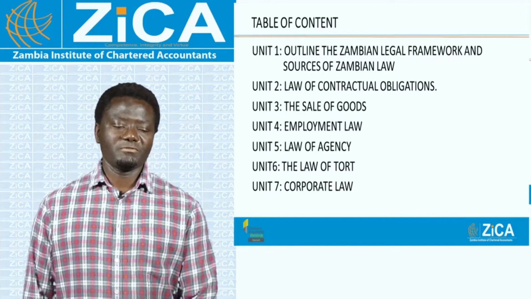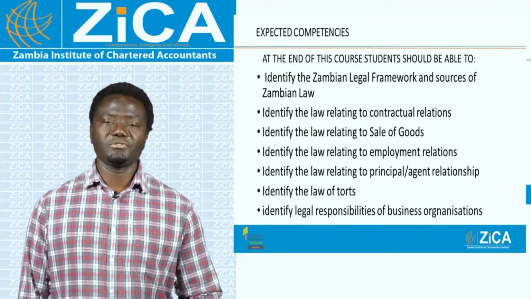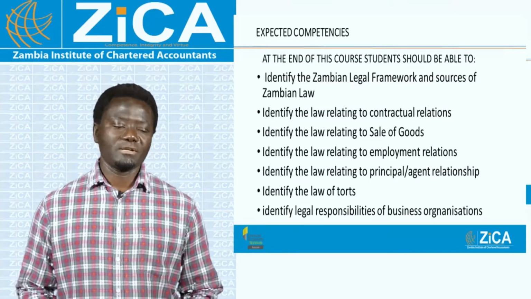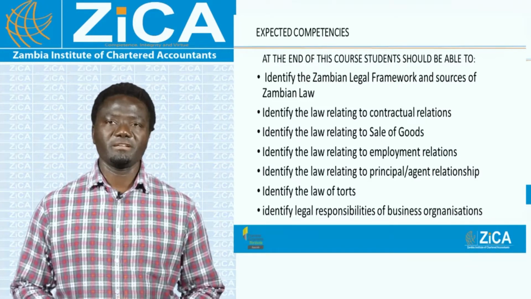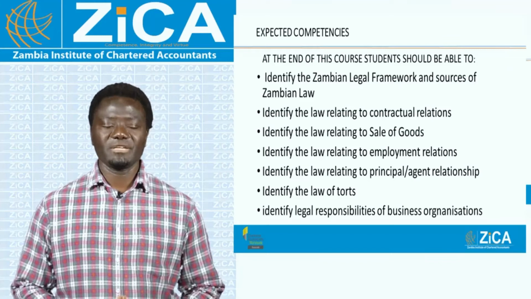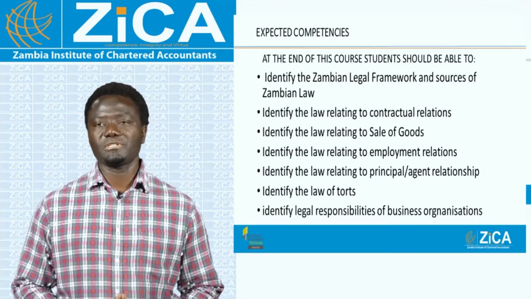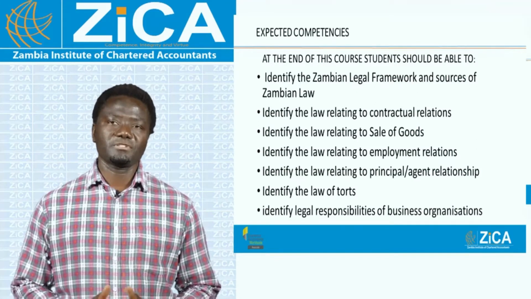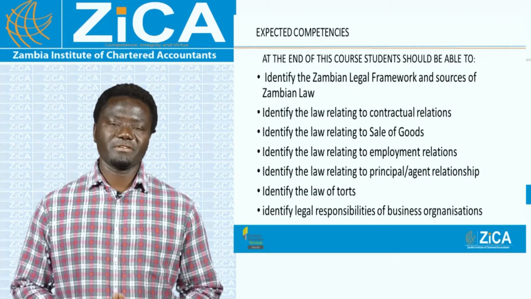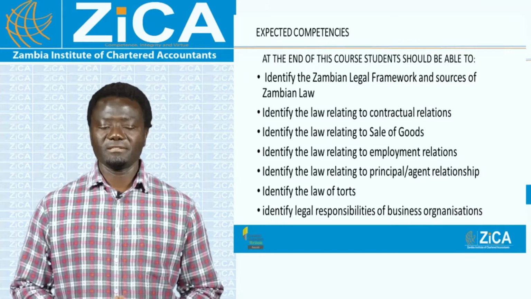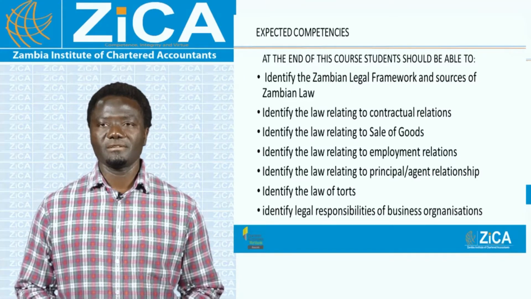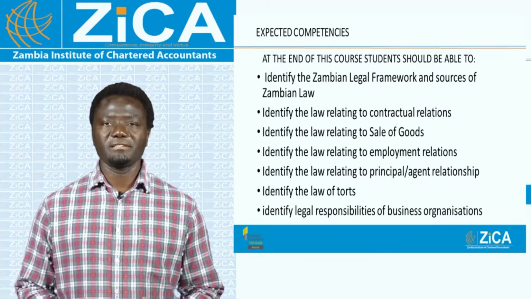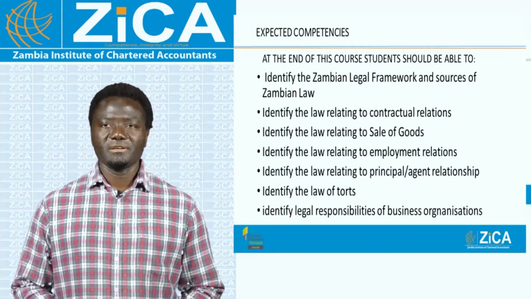At the end of this course, students should be able to do the following. 1, identify the Zambian legal framework and the sources of law in Zambia. Secondly, identify the law relating to contractual relations. Thirdly, identify the law relating to sale of goods.